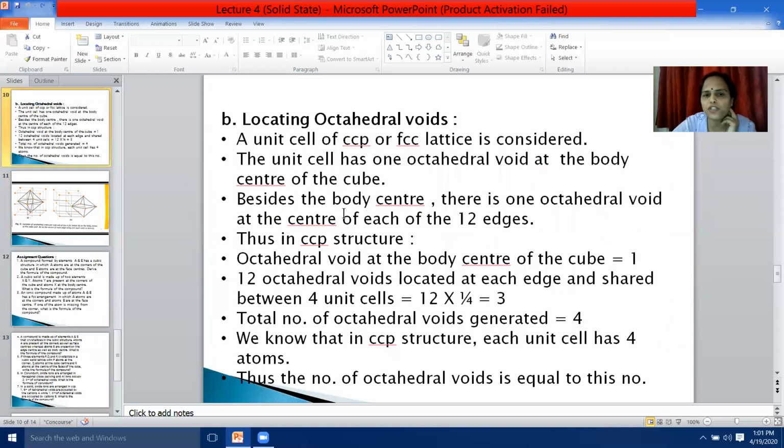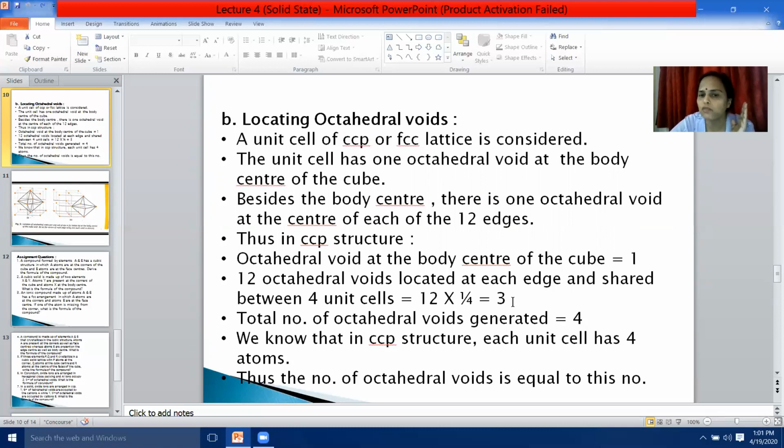So you see in CCP structure, octahedral void is present at the body center of the cube. That is 1 octahedral void is present at the body center, and 12 octahedral voids located at each edge and shared between 4 unit cells results in giving you 12 into 1 by 4 equals to 3 octahedral voids.